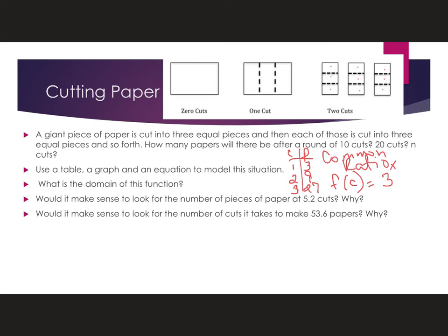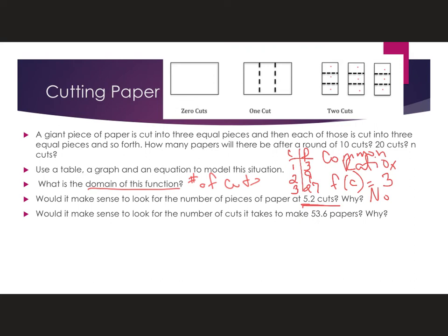Okay? So what's the domain here? What is our input? Our input is number of cuts. Would it make sense to look for the number of pieces after 5.2 cuts? No. Because we don't do 5.2. We either cut them into 5 separate rounds or we don't.